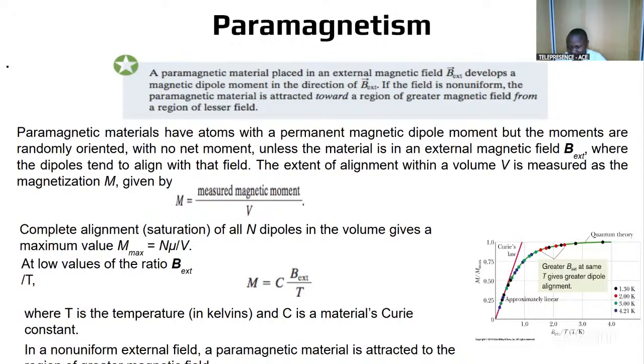But the moment the external magnetic field is removed, the paramagnetic material will lose its magnetization. It cannot retain it.